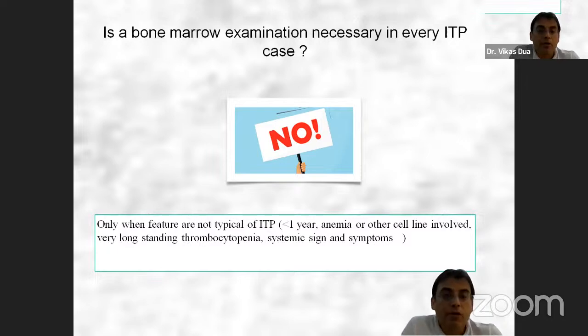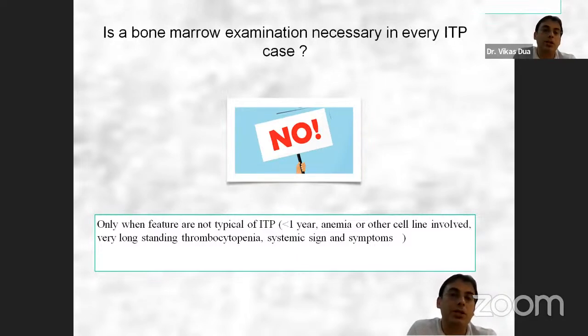Only when features are not typical of ITP, you may think of doing a marrow, and those cases are like a child who is less than 1 year of age. Less than 1 year of age, it's not very common to have ITP. I'm not saying we haven't seen ITP in young children. We have seen quite a number of ITPs in children less than 1 year of age, but it's not a very common thing.